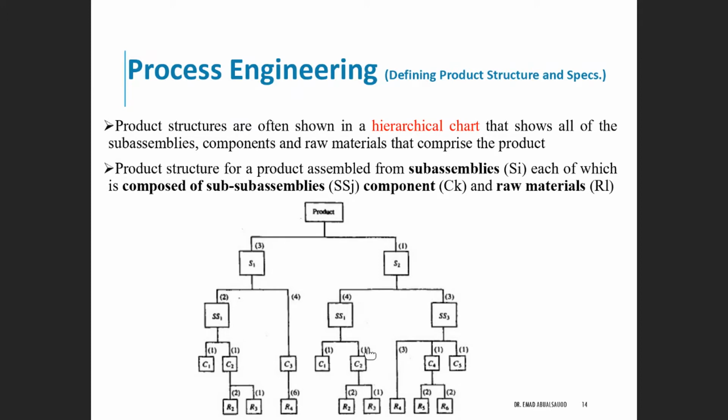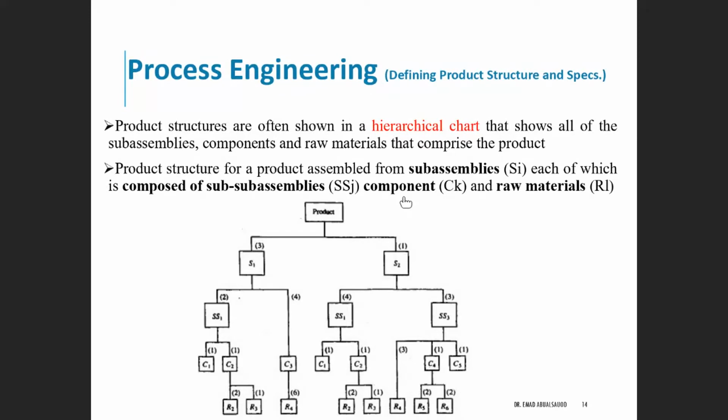So this is the component for those sub-assemblies, for example iron, steel, rubber, and other sub-categories. So the raw material is the CK, and then we have the R1 to any number of R's that are needed, and that is the raw material.